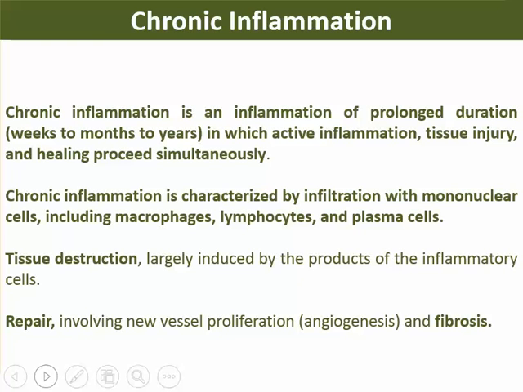So first of all, chronic inflammation means there is inflammation, there is some trigger in the immune mechanism that is there for a longer, prolonged duration. It may be from weeks to months to years. But it is very active inflammation.